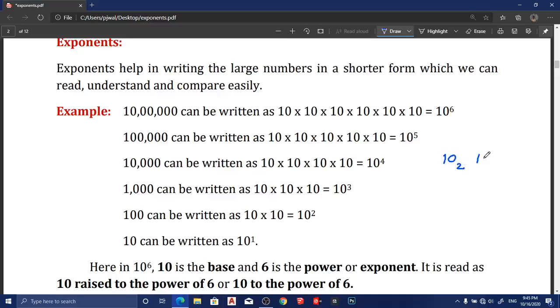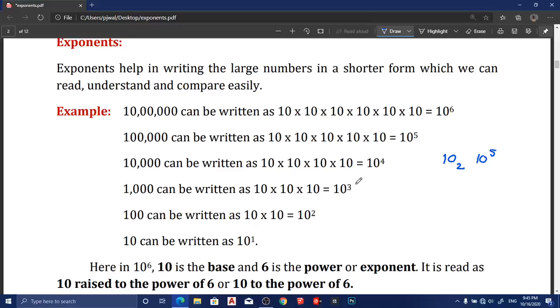If you write this on the upper side, above the number, this is called the superscript number. In this maths we will call it the power or exponent of the number. So now this is 10 raised to the power of 5. Here 10 raised to the power of 4 is nothing but 10,000.